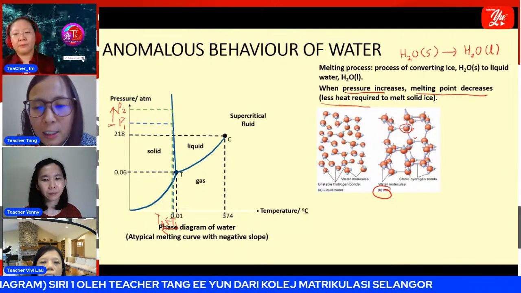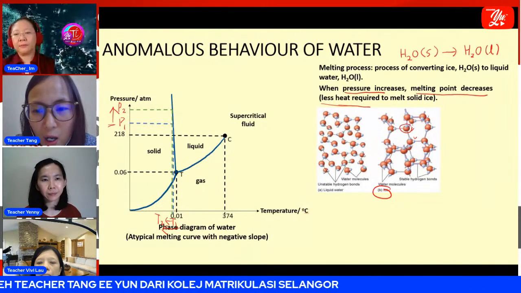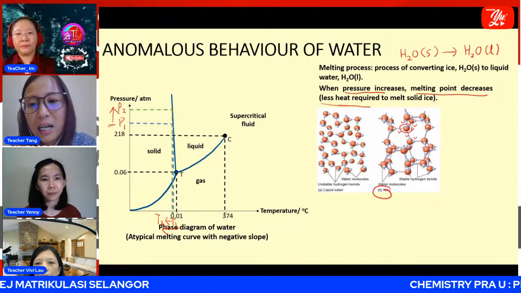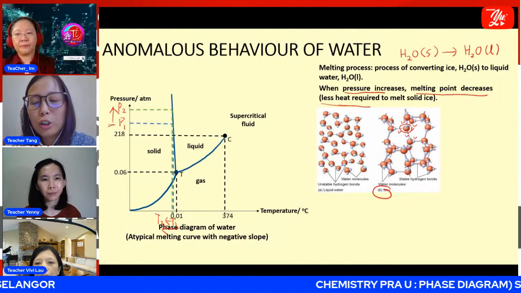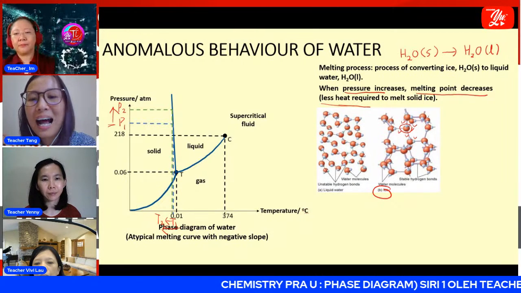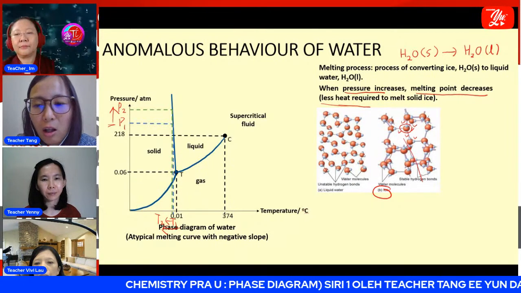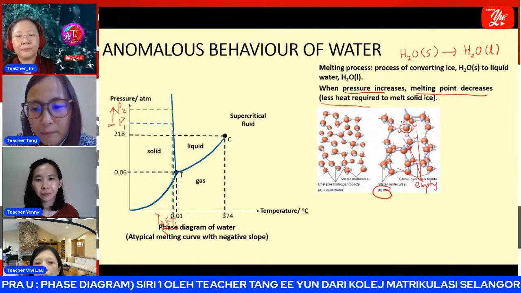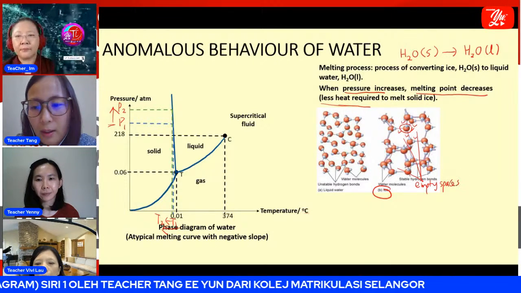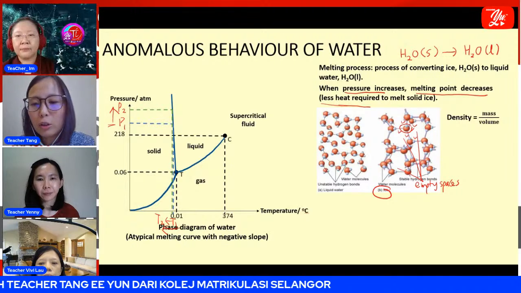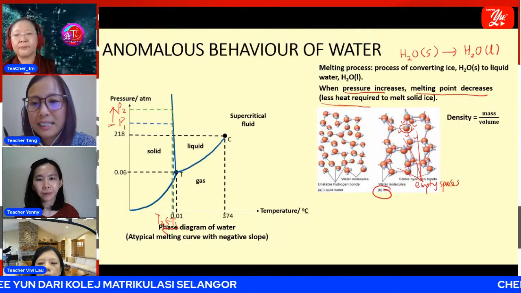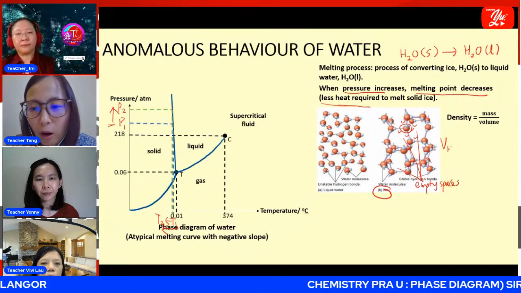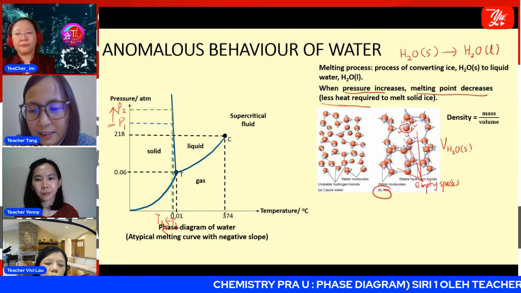So each water molecule in the ice would like to form 4 hydrogen bonds with 4 other water molecules. Due to this, ice has a lot of hexagonal empty spaces. Due to these empty spaces in the ice, the volume of the ice is big.